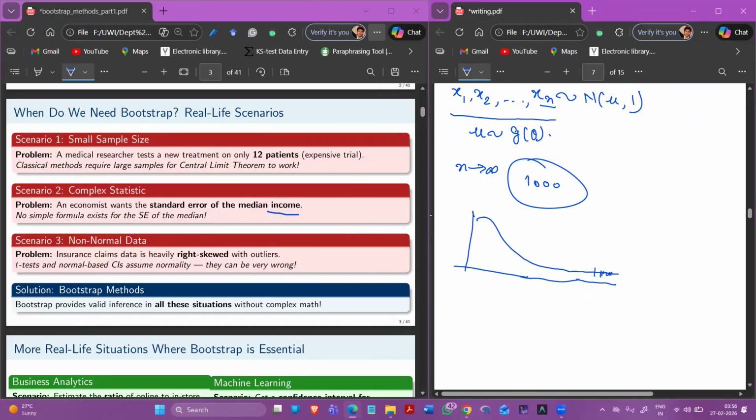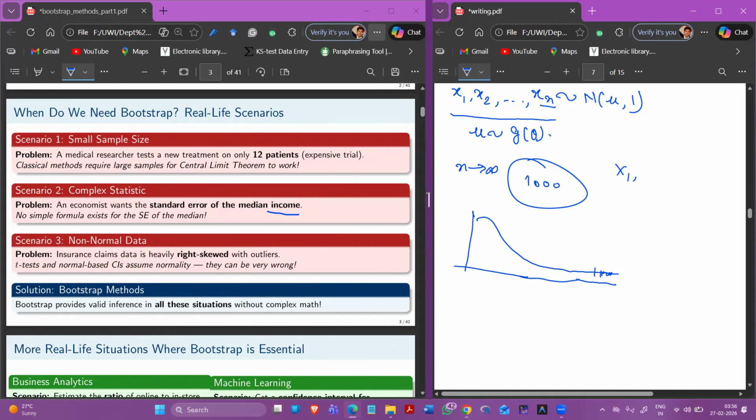These are the outliers. So if outliers are present in the observations, at that time, can you apply the t-test or z-test? Because the t-test and z-test depend on the assumption of normality. What is the first assumption for the z-test and t-test?